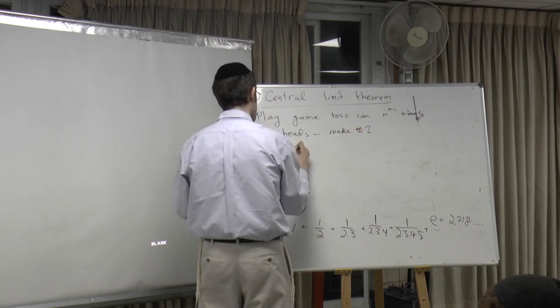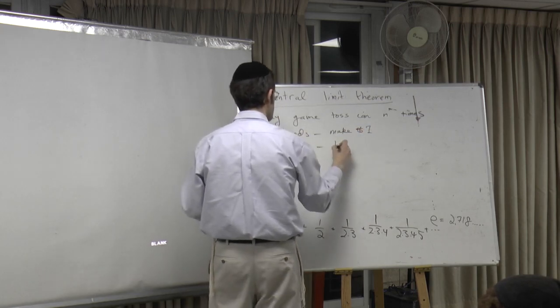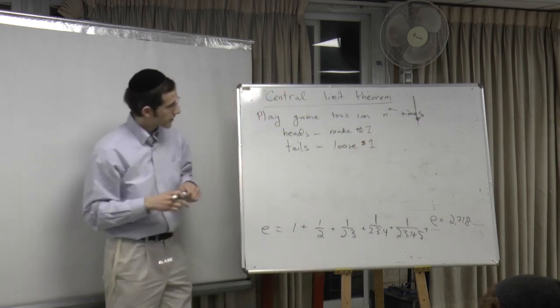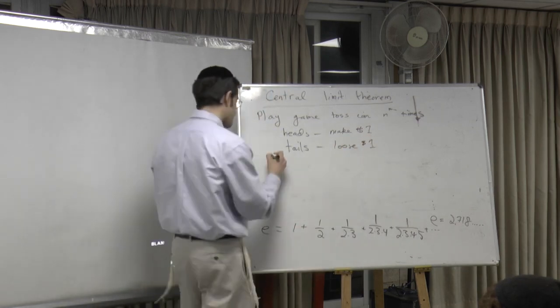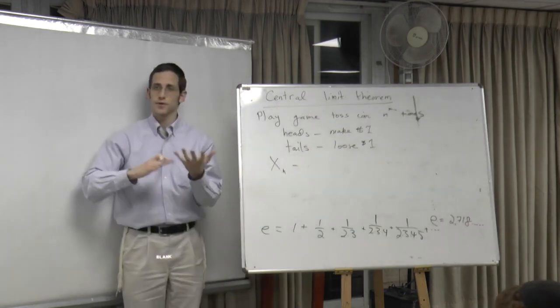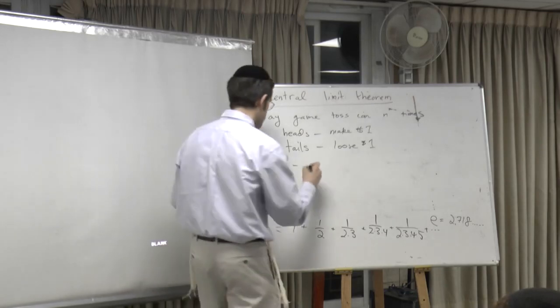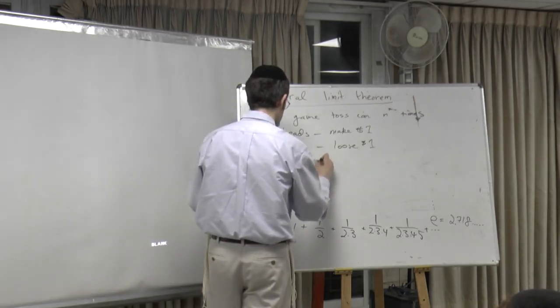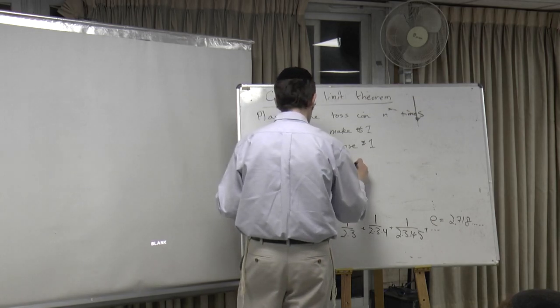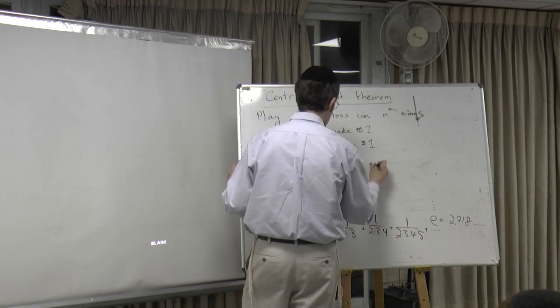If I get tails, I lose $1. Okay, so let's call xn my total gains or losses, considered as a signed number, after the game.